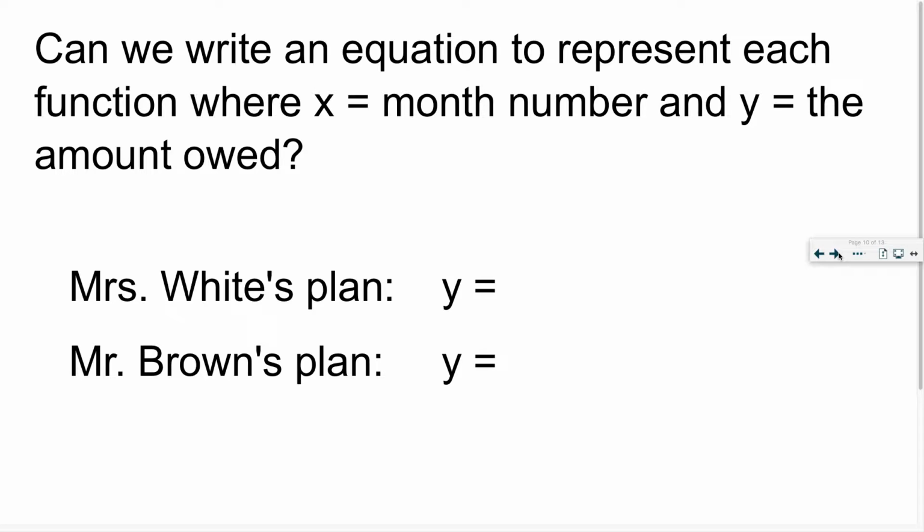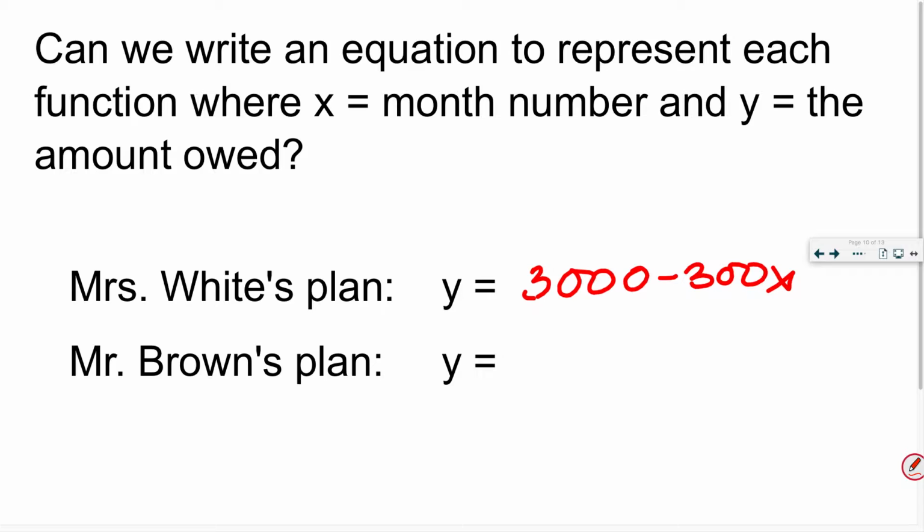Okay, so can we write an equation for Mrs. White's plan and Mr. Brown's plan? This is y equals 3,000 minus 300x. Are we good?